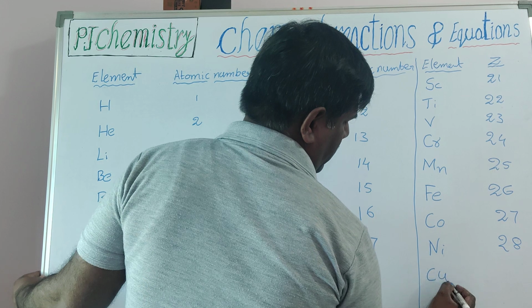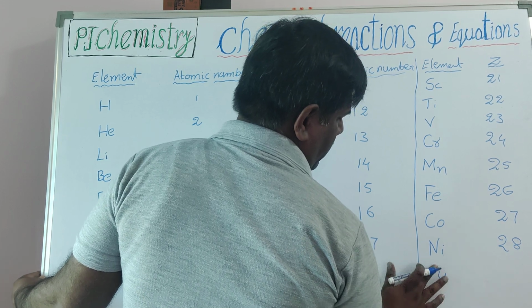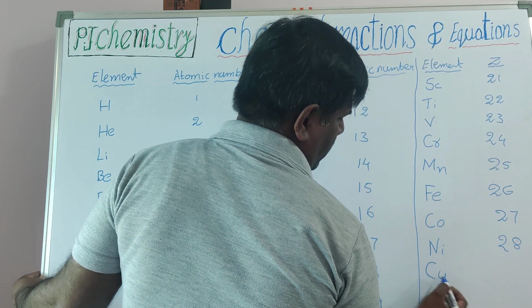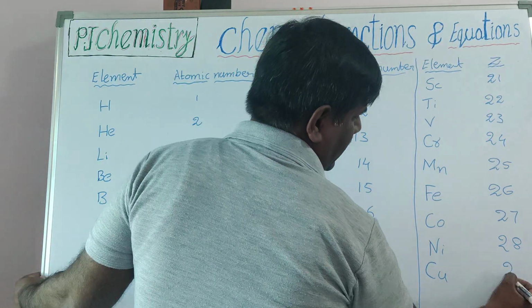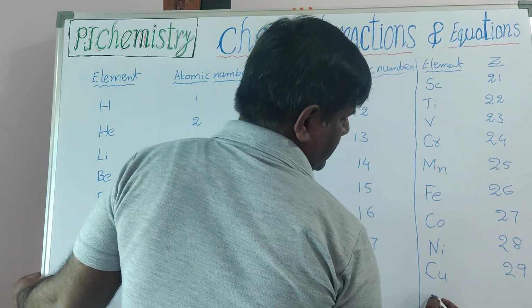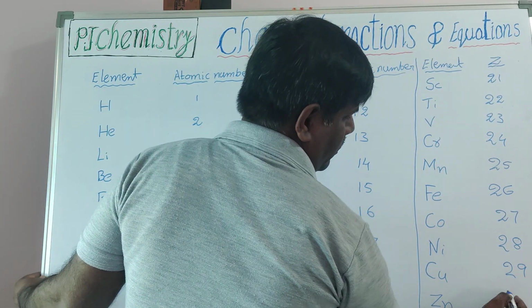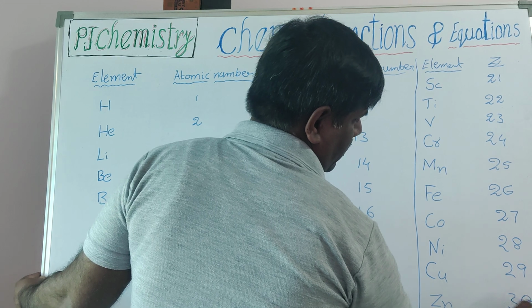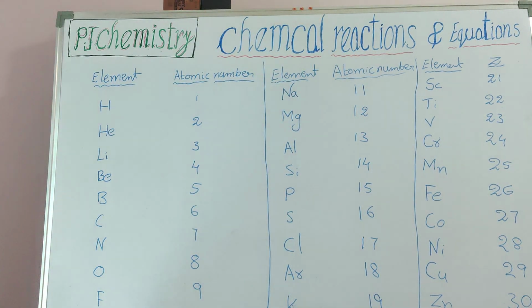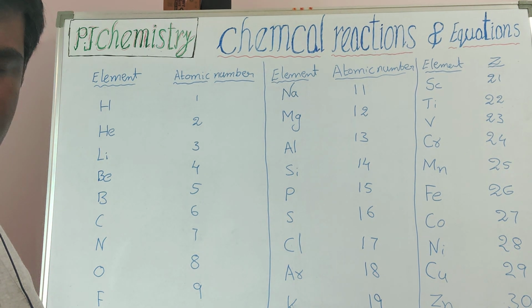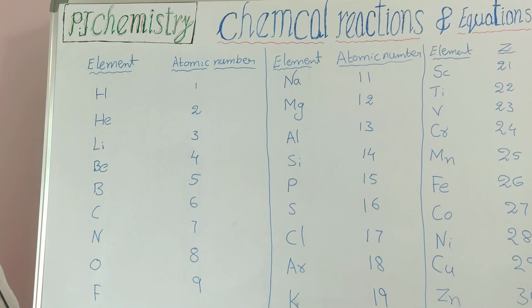Copper 29. Zinc 30. These are the elements everyone should know.